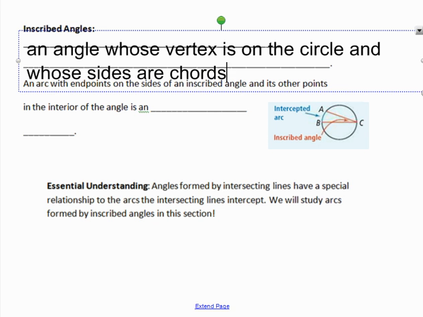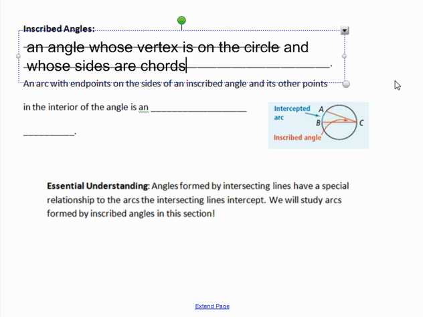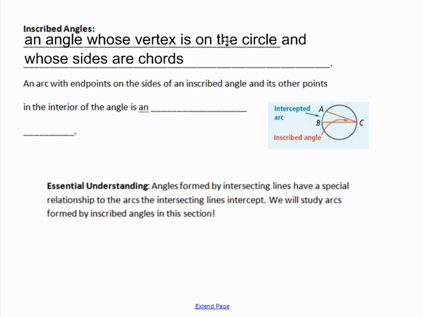All right, so the vertex is on the circle and the sides are chords. So if you look over to that picture down and a little bit to the right, there is an inscribed angle.